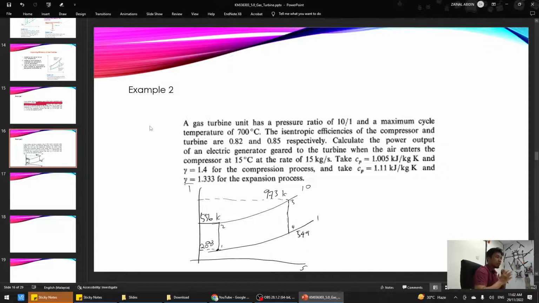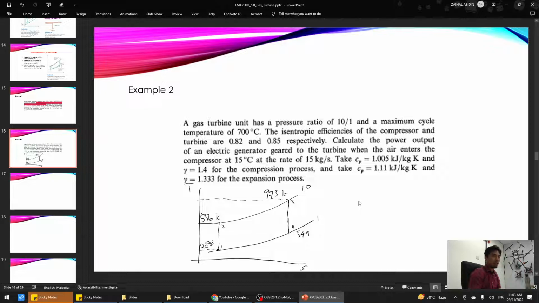Okay, so basically untuk basic question example, sepatutnya given to us is like this lah. Kita dapat semua temperature pada setiap proses 1, 2, 3 dan 4. But the question next step difficulty is isentropic efficiency.